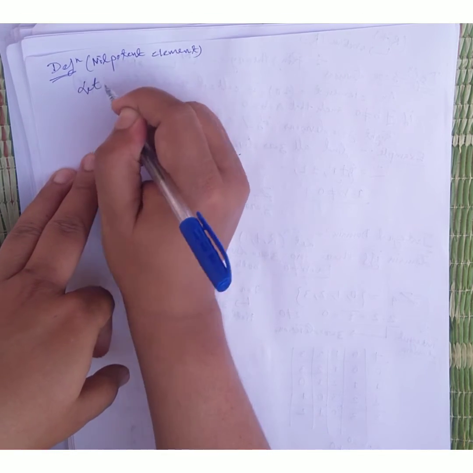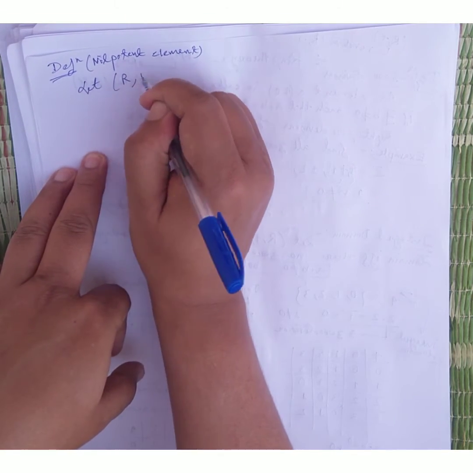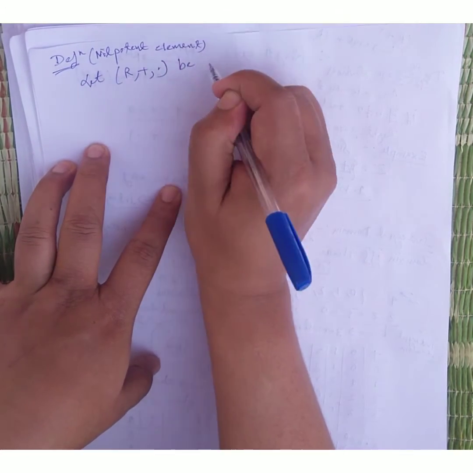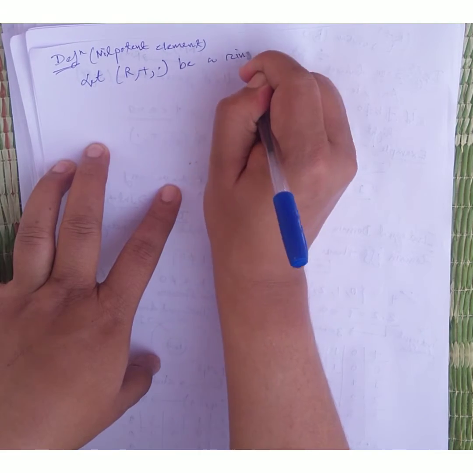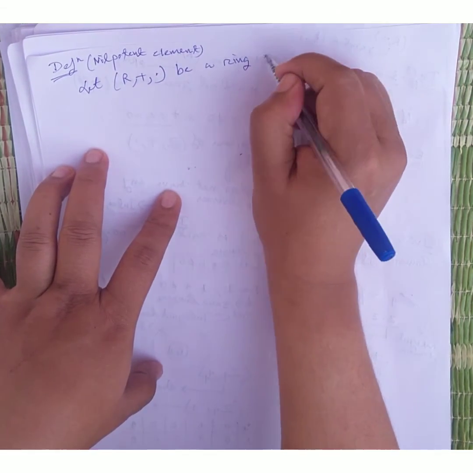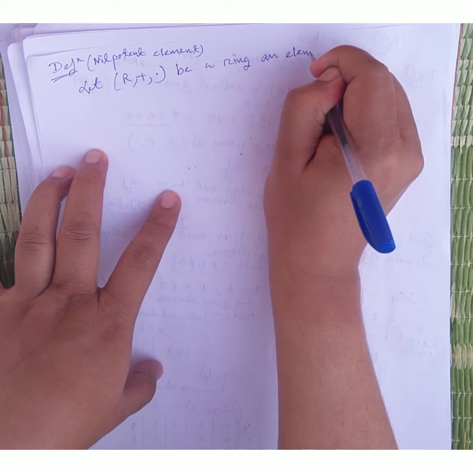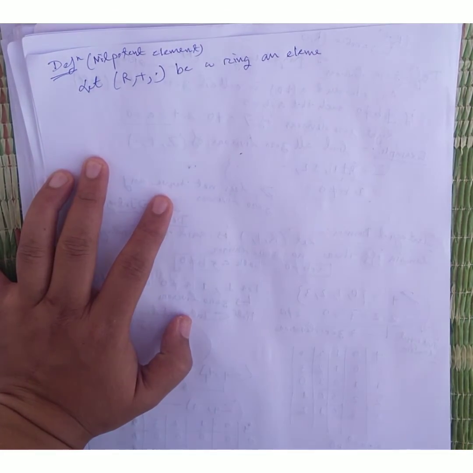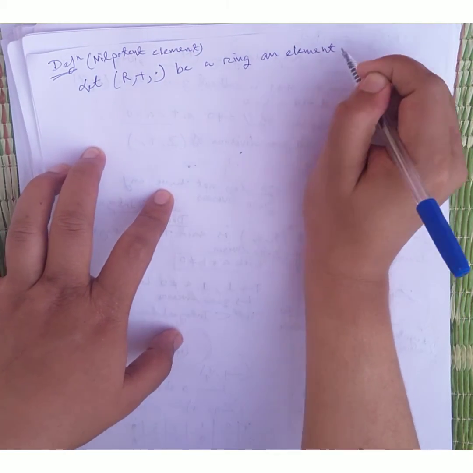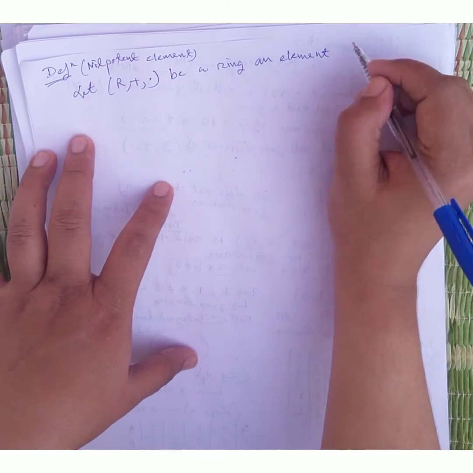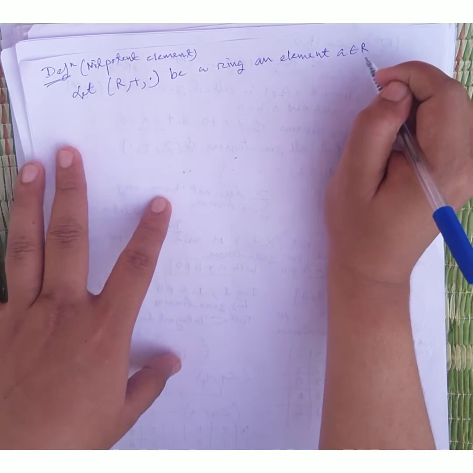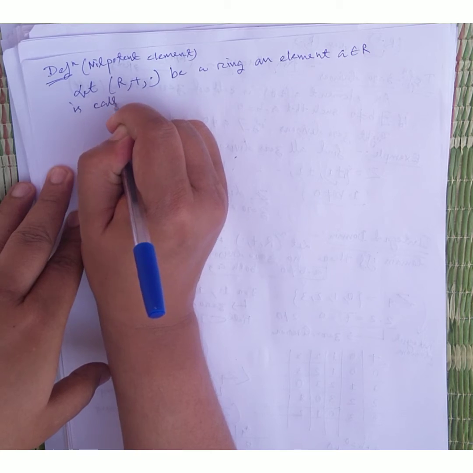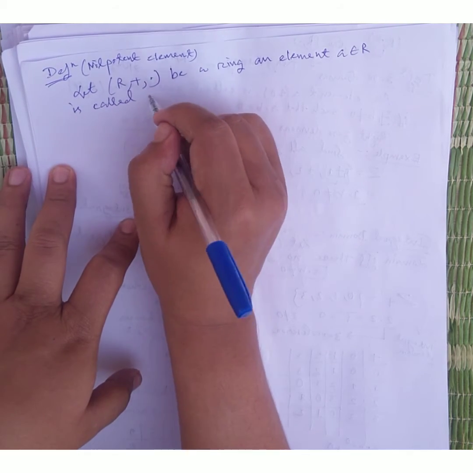Let R, comma plus, comma dot, be a ring and an element a belonging to R is called nilpotent.